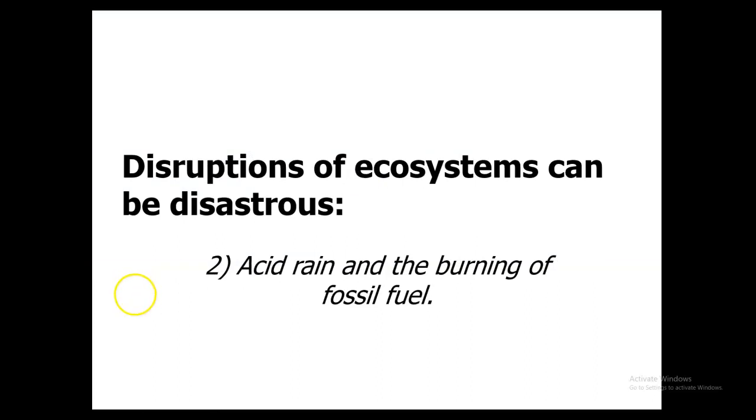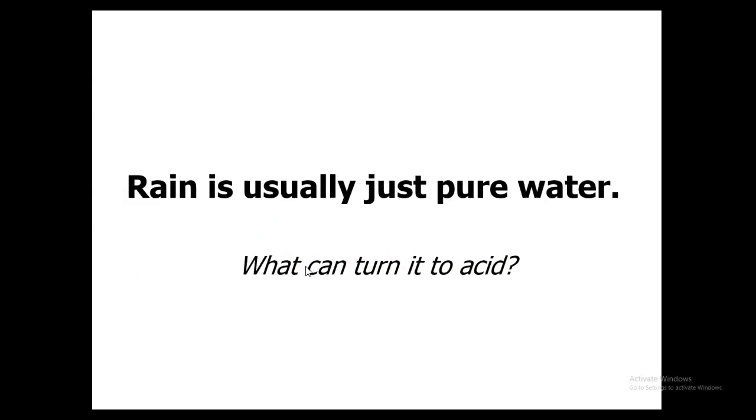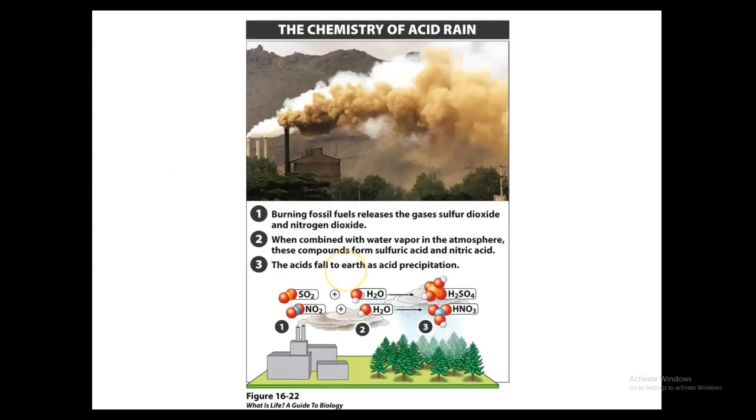So, next one, acid rain and the burning of fossil fuels. Rain is usually just pure water, so how can it turn to acid exactly? Well, it forms acid precipitation in a 3-step process. It starts with burning fossil fuels, which release sulfur dioxide and nitrogen dioxide.